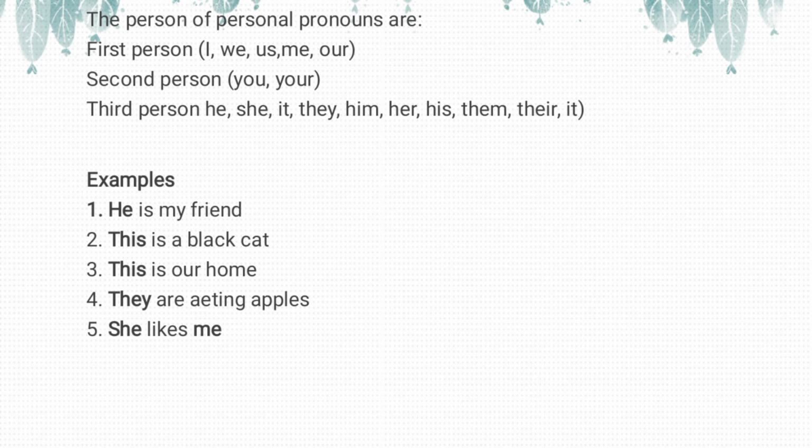He here is representing a person's name. He is in the third person. It represents a person's name in the sentence.